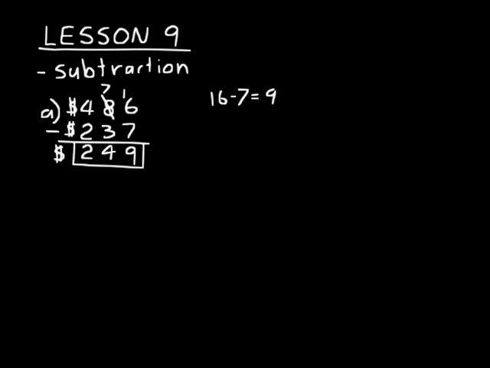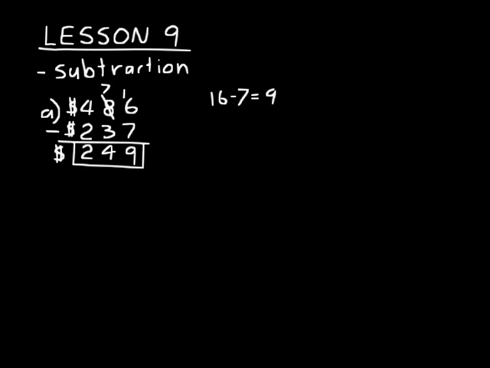Let's review what we did. This is one of the most important steps in the algorithm. You don't always do this, but sometimes, like in our first column, we're trying to take 7 from 6. 7 is more than 6, so we had to borrow $10 from the tens column. And we had an 8 there, or $80, so we took 10 away. We were left with 70, and we made sure to cancel the 8 out and put a 7 up there.